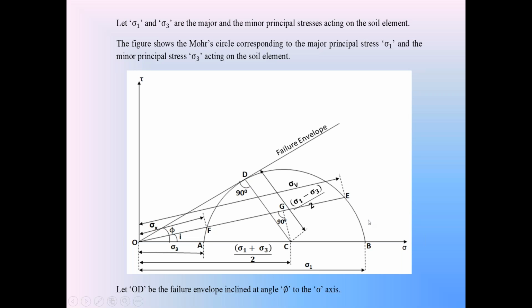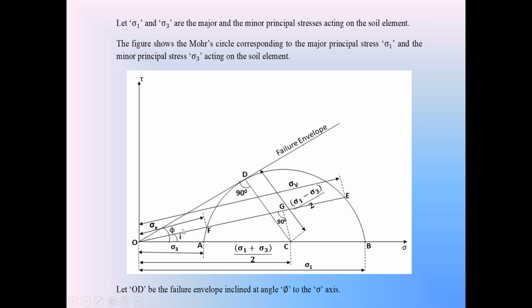Then OE indicates the vertical stress on that backfill. Just now we prepared the equation of OE: sigma V is equal to gamma into Z cos i. Now by using this Mohr stress circle, we can prepare the equation for OF.